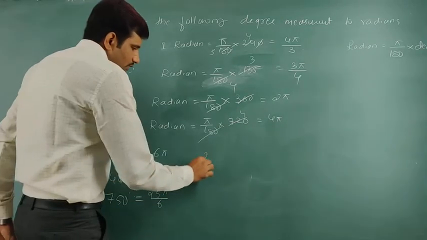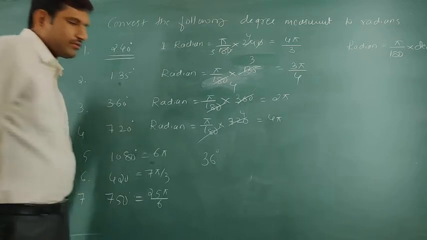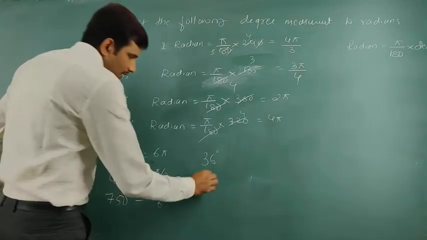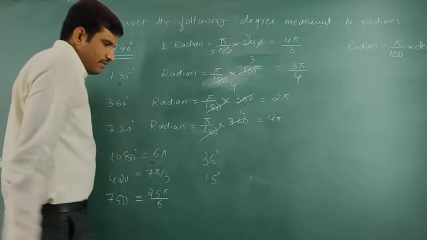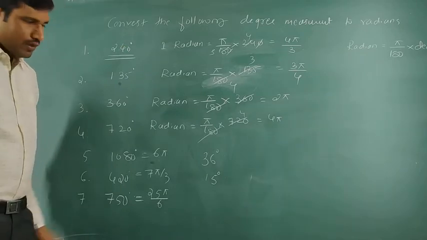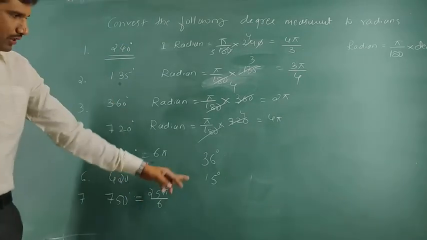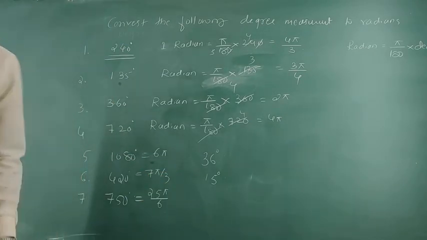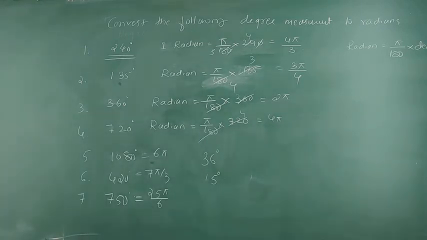Tell me for this one, 36 degrees. Then 15 degrees. Tell me 36 degrees in radians. Similarly 15 degrees in radians. Sir, 36 degrees will be 2 pi, sir. 36 degrees, not 360.